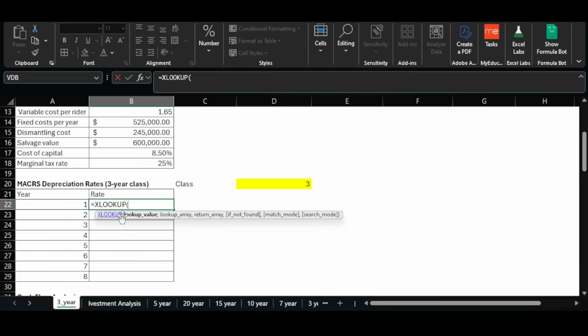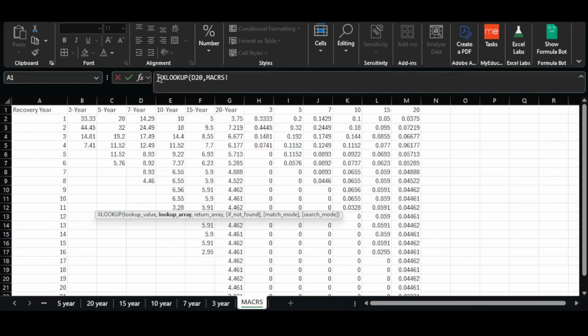Then I looked up the number, this one, which is 3, so I put a comma. Now it's asking me for a lookup array, so I go to my MACRS sheet. While in formula editing mode, simply navigate to MACRS, and your formula bar will now say MACRS up here.